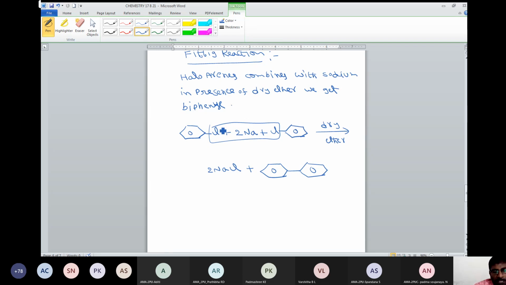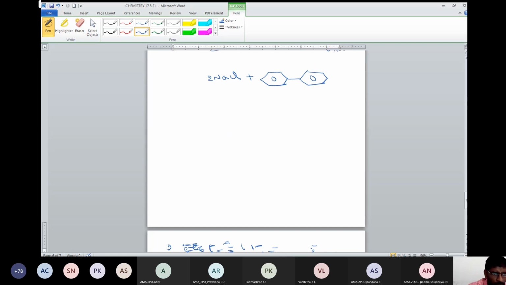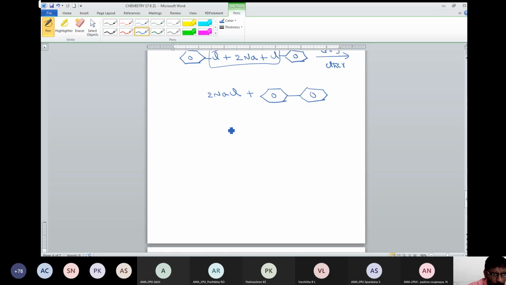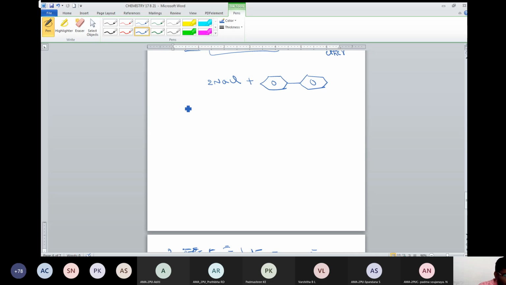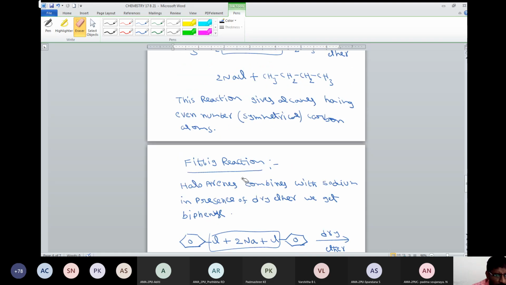Haloalkanes with sodium, Wood's reaction. Haloarenes with sodium, Fittig reaction. In Wood's reaction, alkanes will form. In Fittig reaction, biphenyls will form. Finally, another equation. The third one: the number is not given, maybe. Okay, not given.